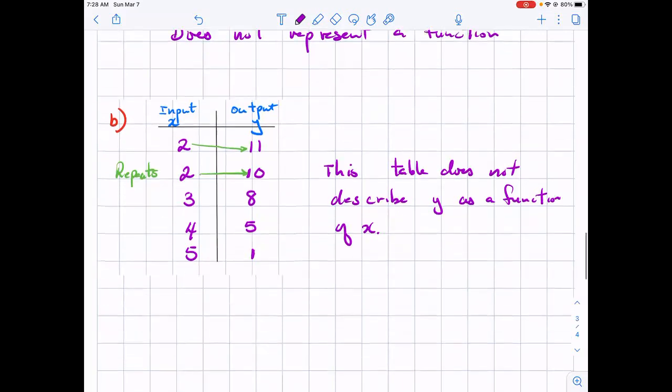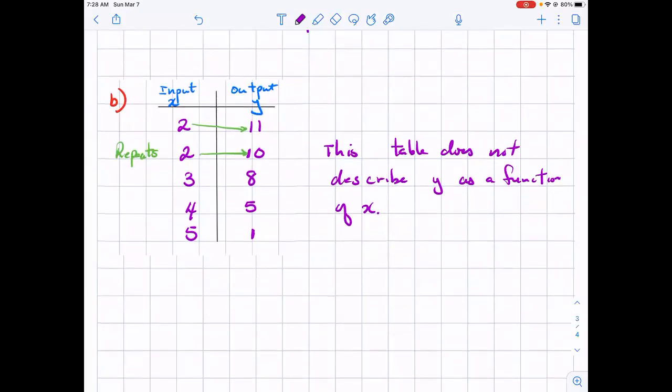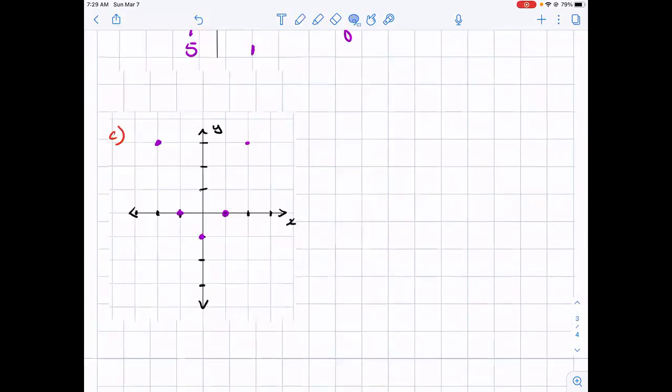Okay, if we look at C, if we look at scenario C, here we can see that the graph does describe y as a function of x. Each input value is matched with exactly one output value.